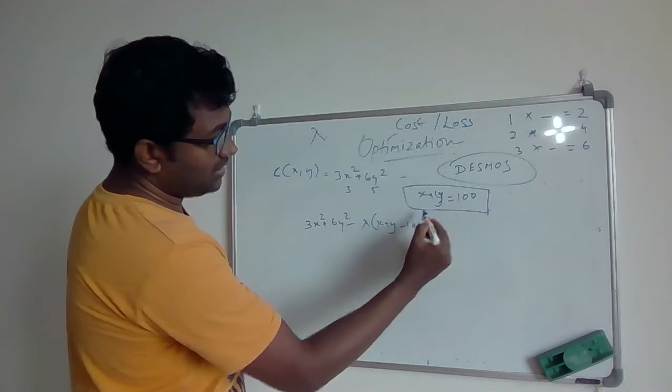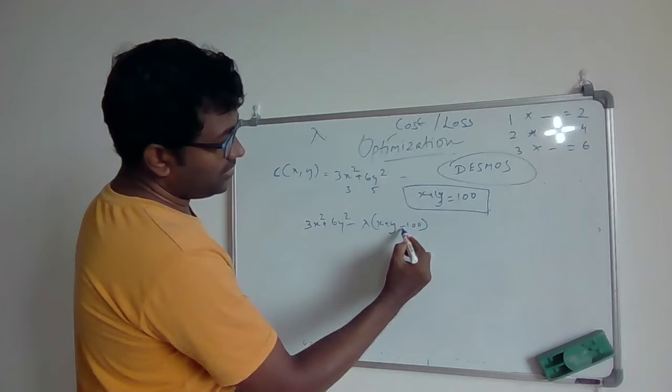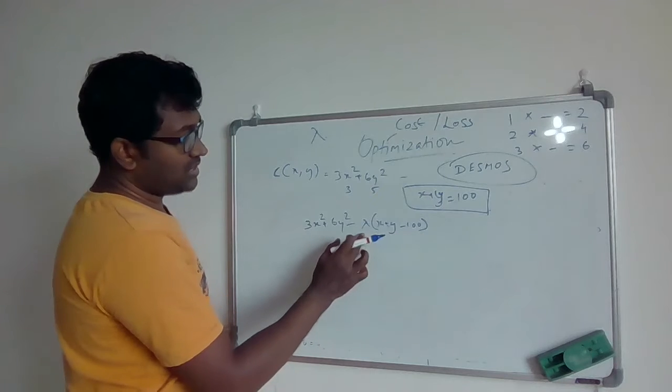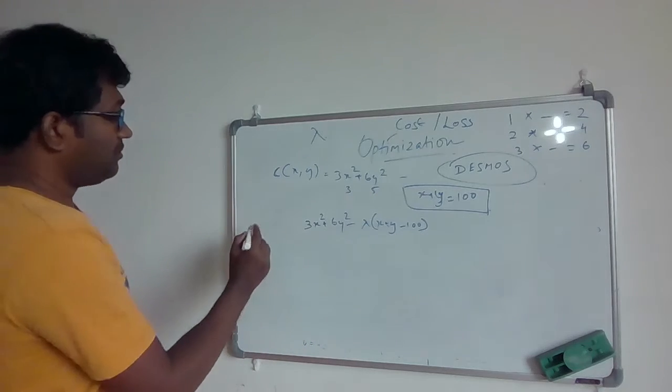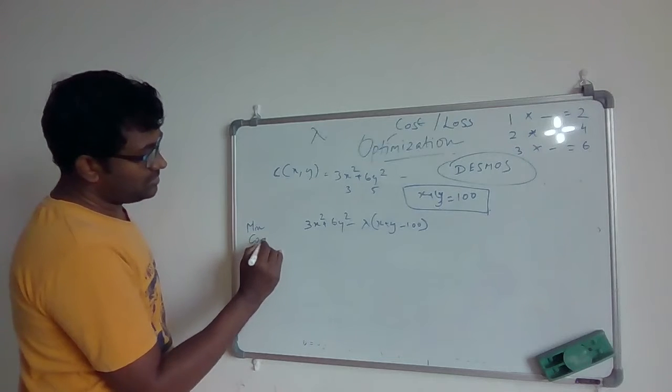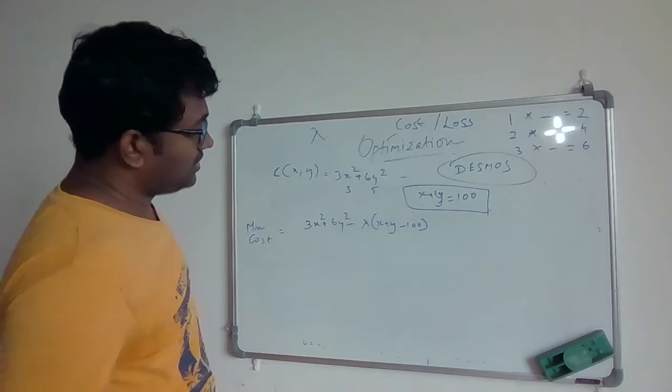So you can bring the 100 here and make the equation like this, x plus y minus 100. This is the constraint. So we are trying to find the minimum of this function, minimizing the cost.